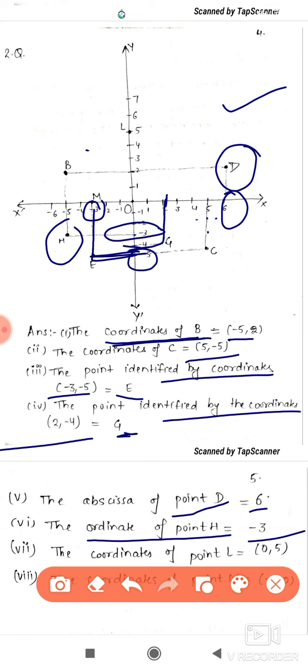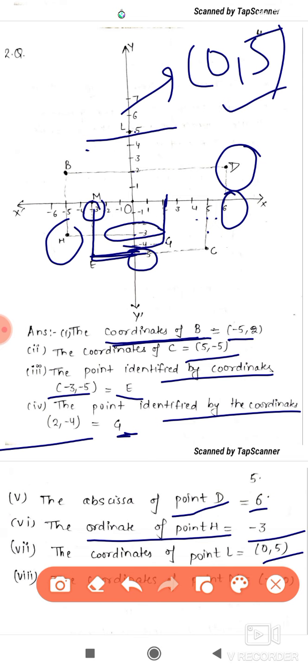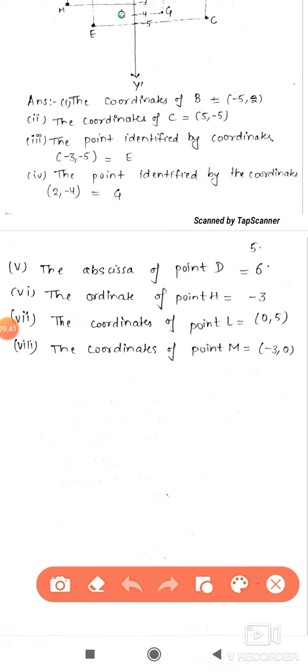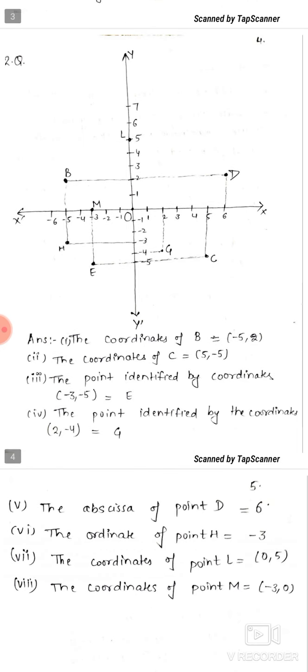Coordinate of the point L, L is here. It is on the y-axis, so x is 0. So the coordinate of L will be x value 0 and then 5. So the coordinates of L are (0, 5). Now the coordinate of point M, where is it lying in the graph?